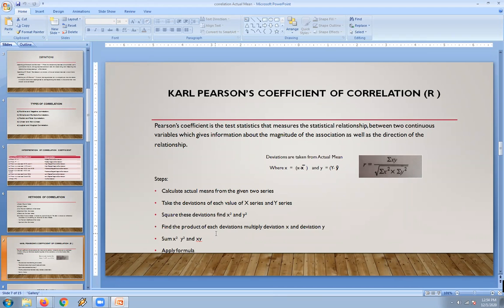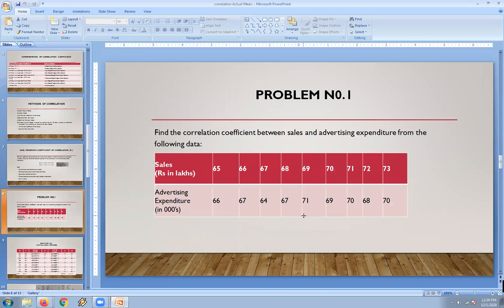Then we find one more column, the product of deviations of x and y. Those two deviation values are multiplied to become xy. Then we use the formula r equals sigma xy divided by the root of sigma x square times sigma y square.